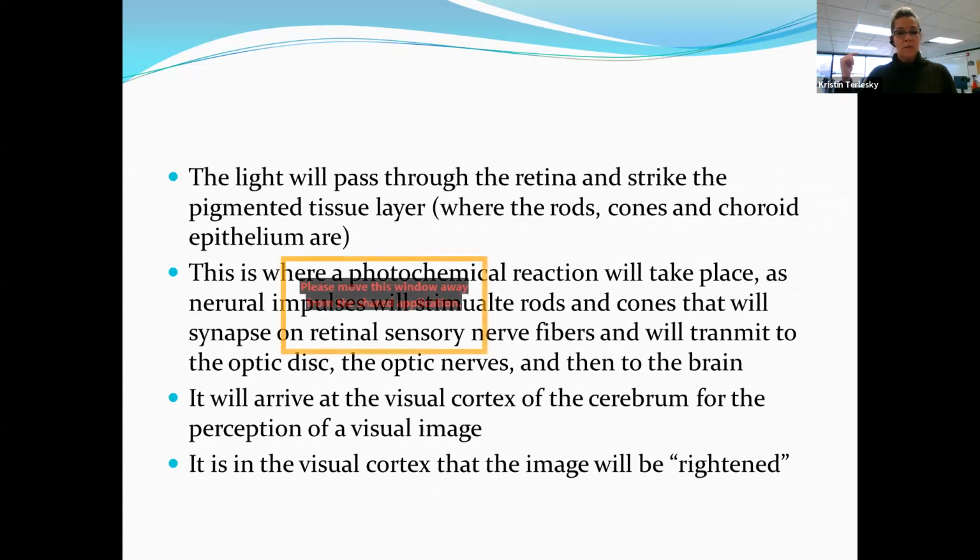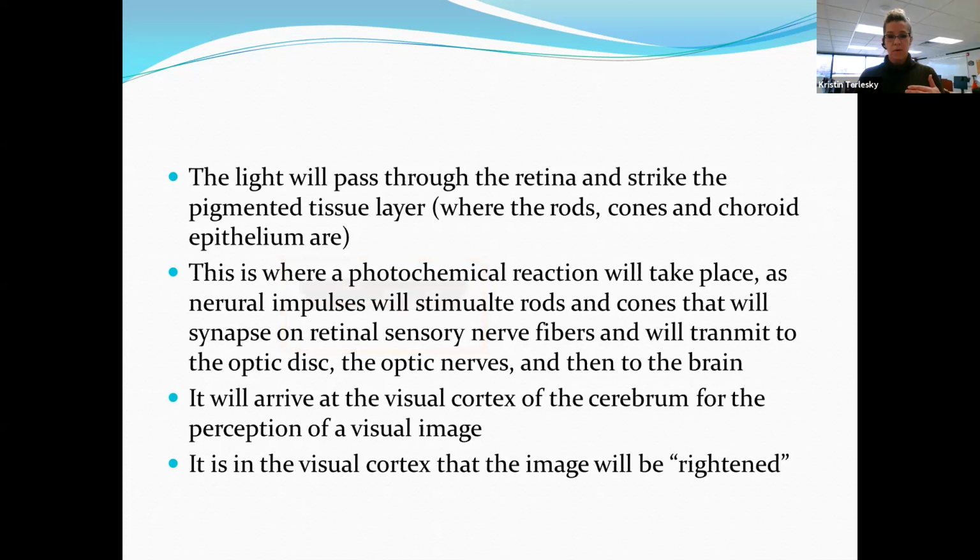It's going to arrive in what they call the visual cortex of the cerebrum. Remember, we talked about the cerebrum yesterday. Right in that cortex, that image is going to be flipped right side up. So if you can imagine, if something's wrong in the nerve fibers or the optic nerves, that's where that vision gets interrupted.